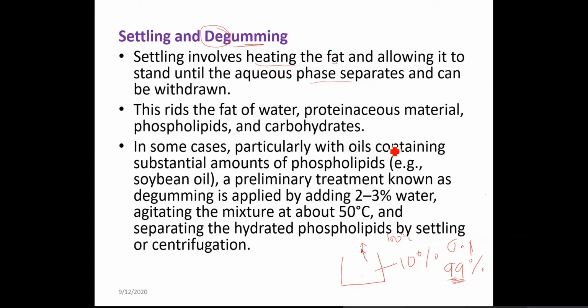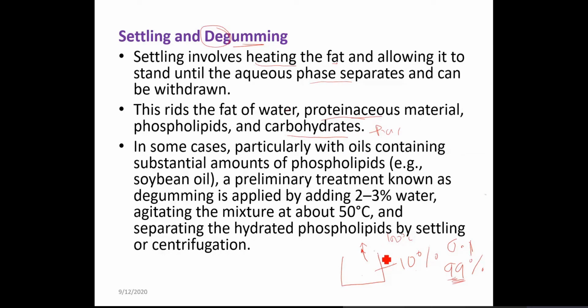Also, there is protein material. Emulsifiers or phospholipids are also naturally present in the seeds. The proteinaceous material, the phospholipids, and the carbohydrates have the ability to dissolve in water, like polar components. All polar components will be dissolved in this water, and they will be removed.